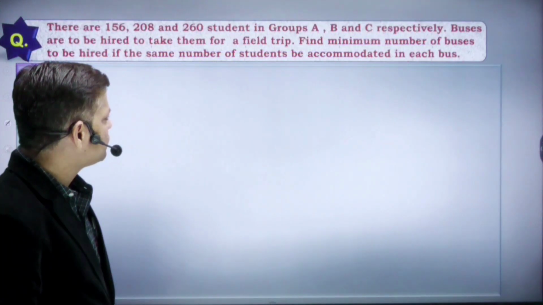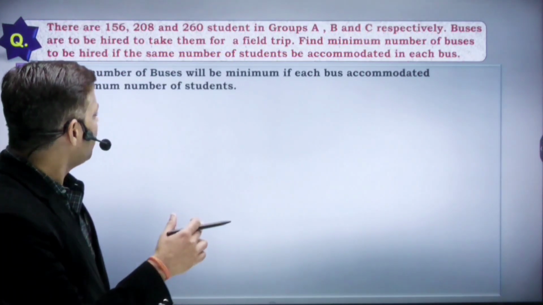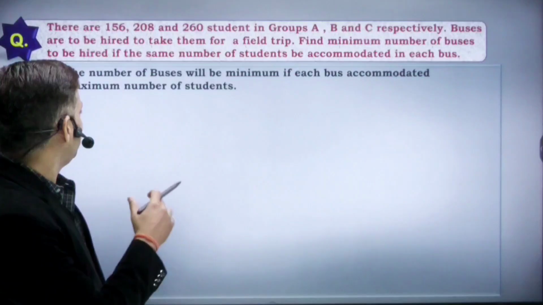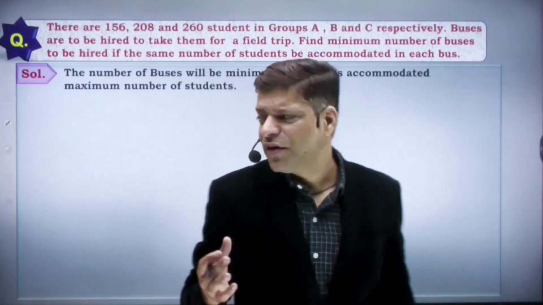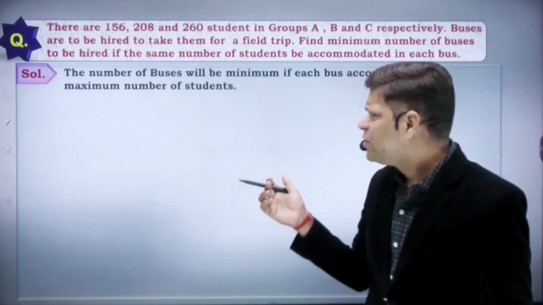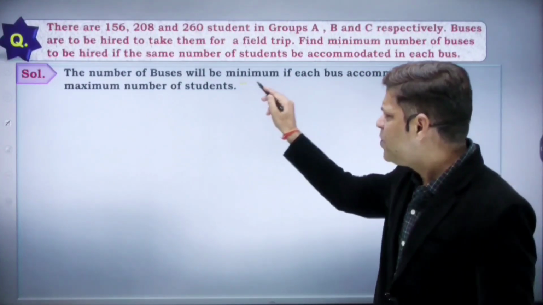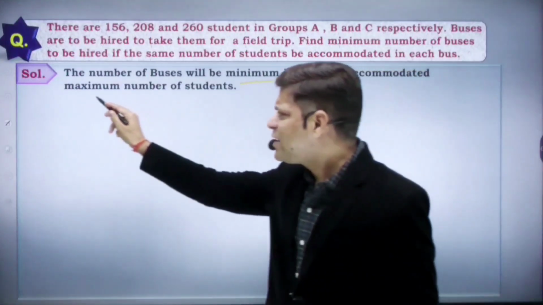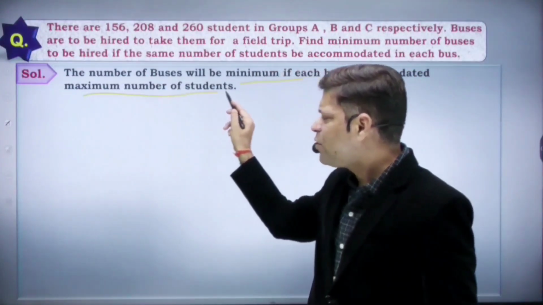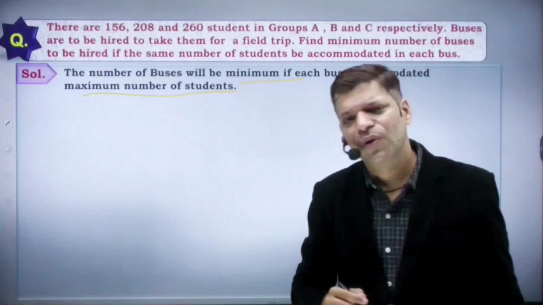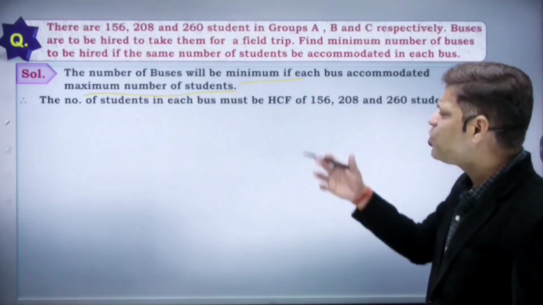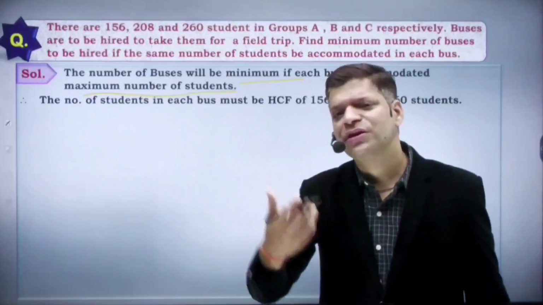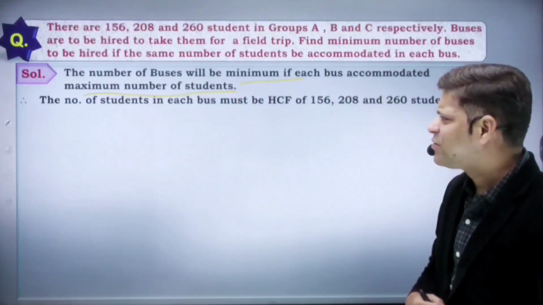For that, the number of buses will be minimum if each bus accommodates the maximum number of students. Okay, so we also want to minimize the transportation cost. That's why we are doing this concept.